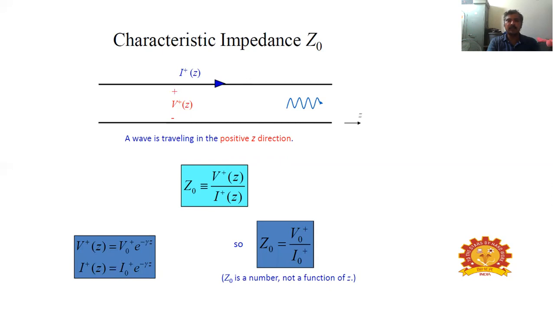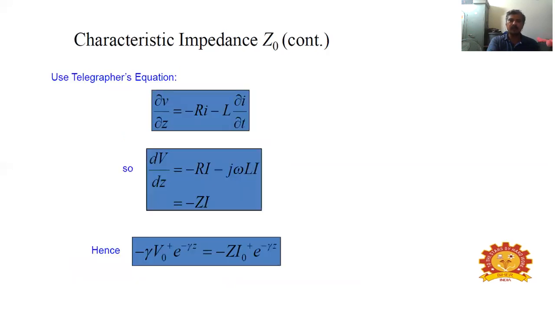So here Z0 is just a mere number, not a function of Z. So the characteristic impedance Z0 is given by the formula V0 divided by I0, and it's a mere number.